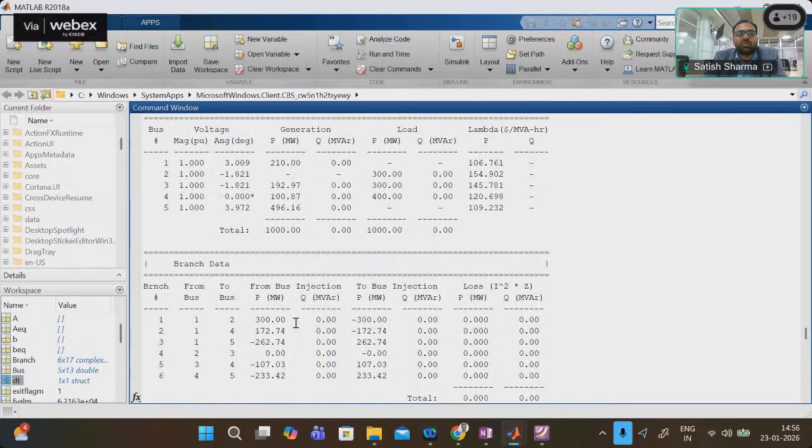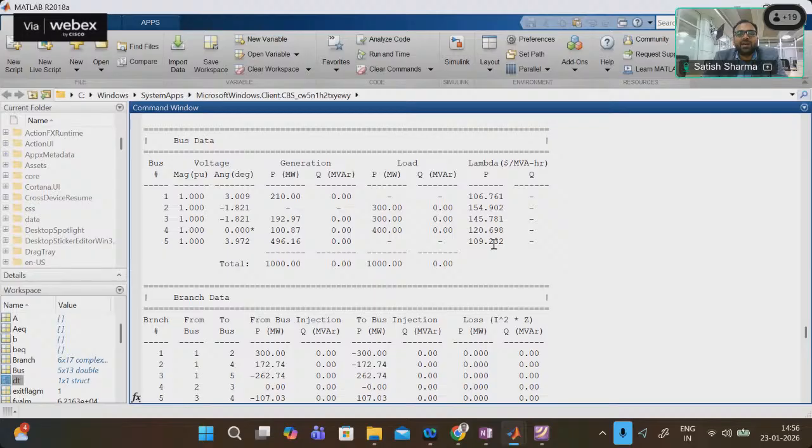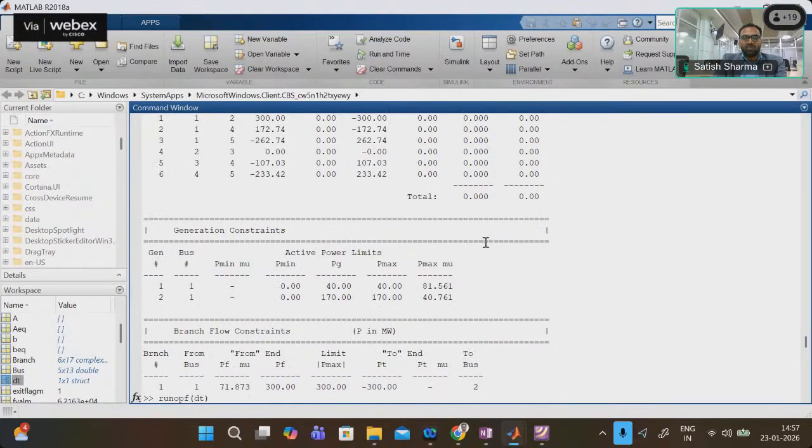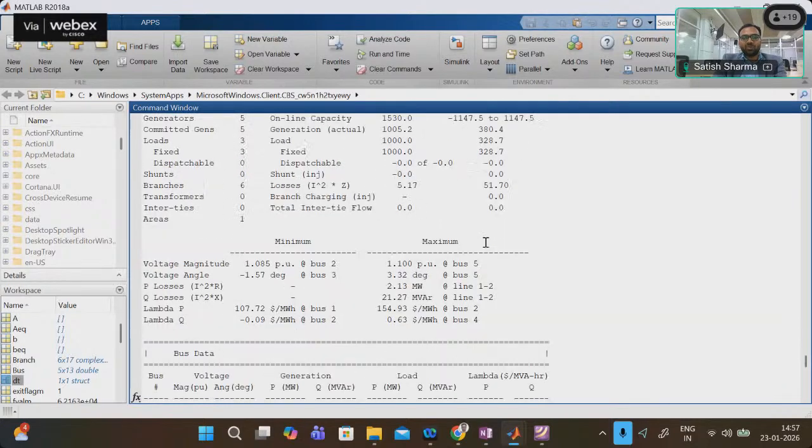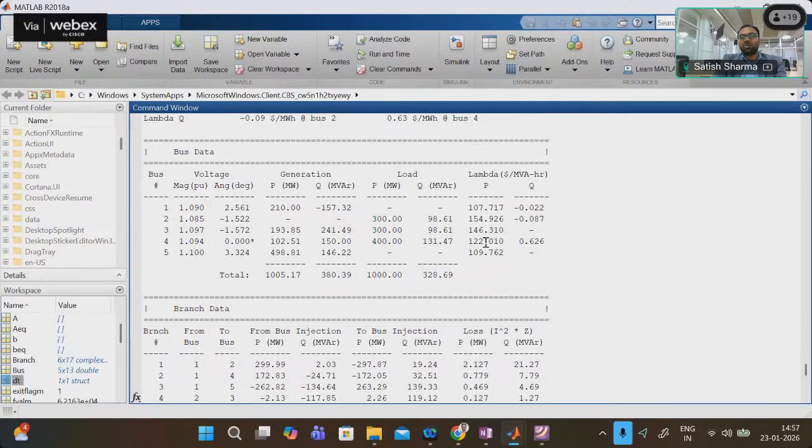By doing so, you can see the LMPs are now different in DCOPF as well, because congestion is present, and that congestion changes the LMPs. You can see the deviation is significant, not $1 or $2 per megawatt, but 40 to 50 dollars per megawatt difference in the LMPs. Same thing you will observe for the ACOPF as well.